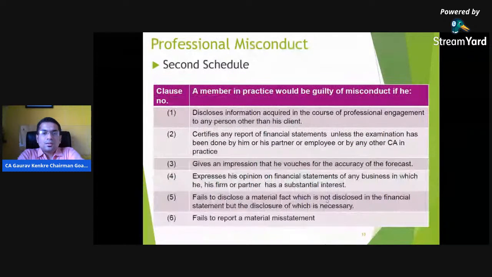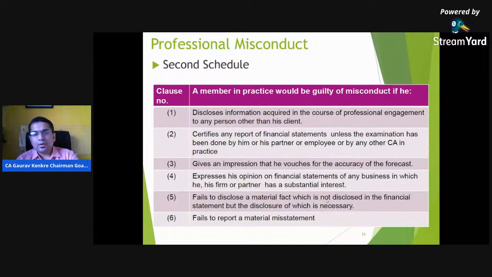The second schedule also deals with some more professional misconducts. It says that if you disclose information of any client to any person other than the client, so if you disclose any information of your client to third parties, of course it is a professional misconduct. You have to abide by the confidentiality arrangement between you and your client.